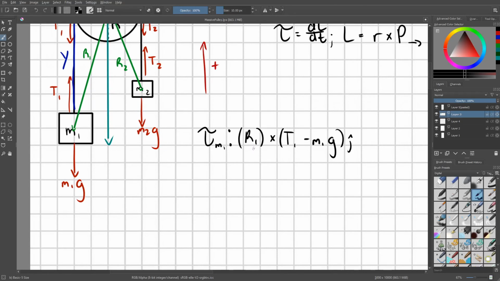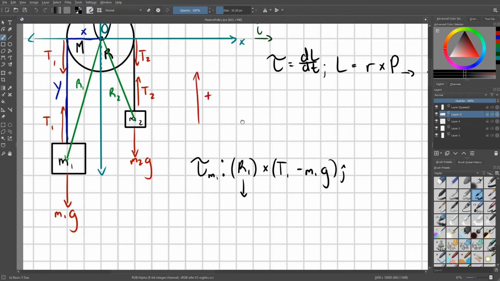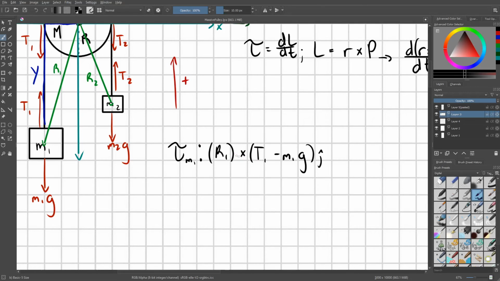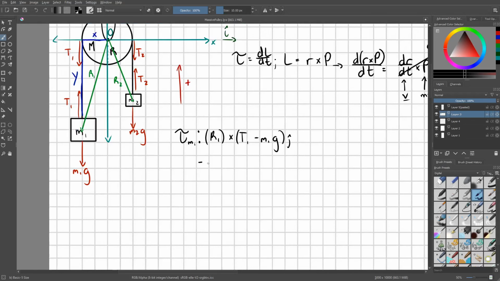So, like I said before, we can break r1 up into components, right? So we have negative x in the i-hat direction minus y in the j-hat direction, and I'm going to cross that with T1 minus m1g in the j-hat direction.